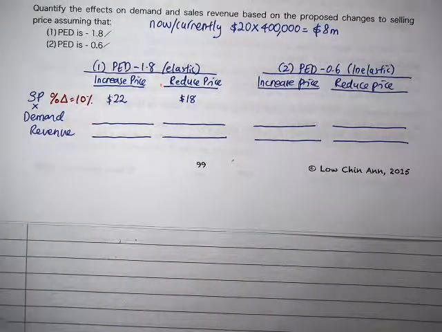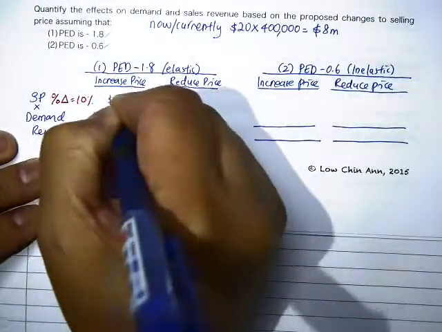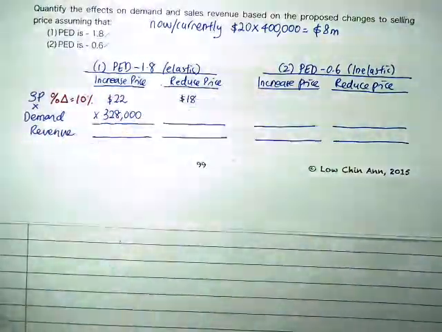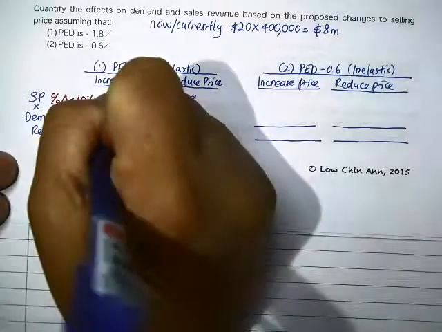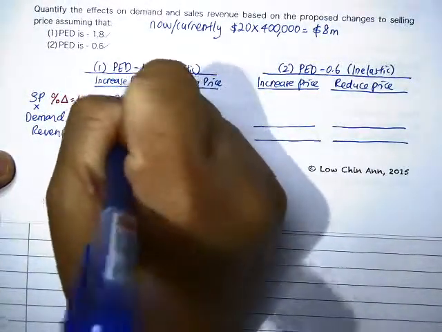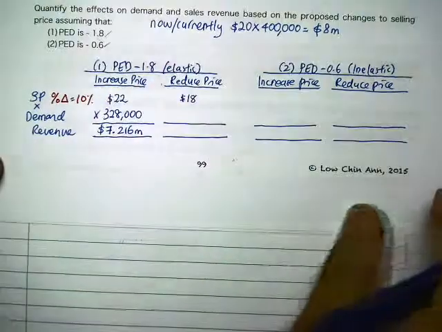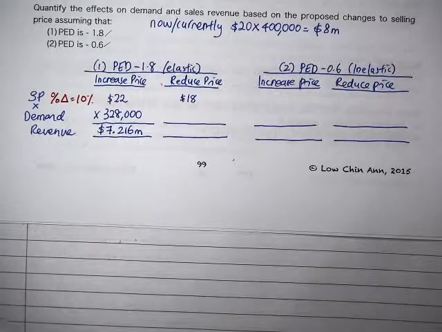Okay? So 400,000 will become 328,000. So you get your revenue as 7.216 million.